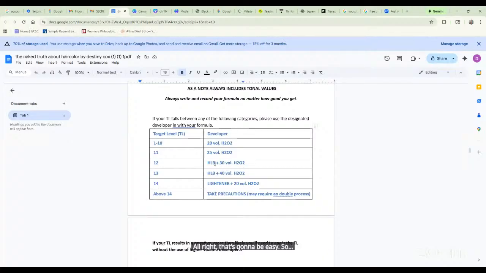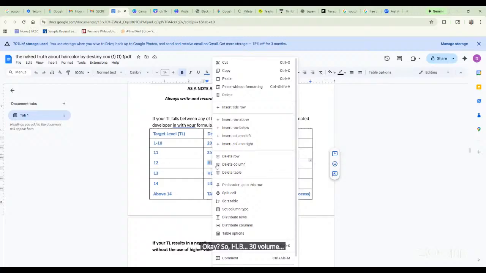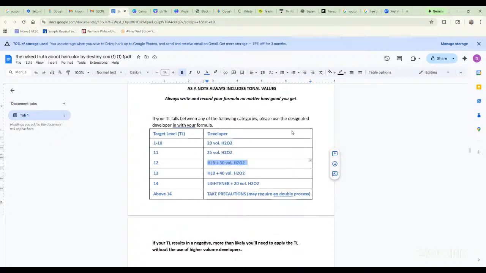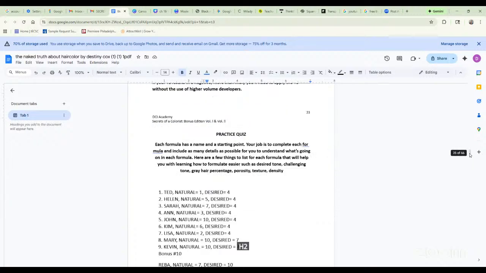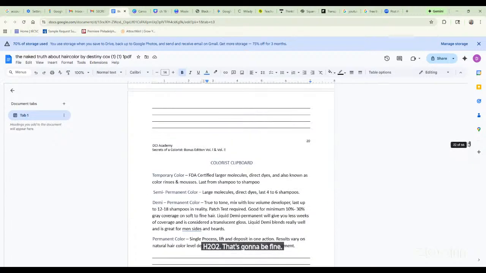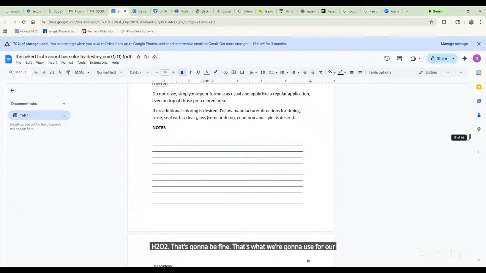So HLBs are blue, violet, or gold. Okay. So HLB, 30 volume H2O2. That's going to be fine. That's what we're going to use for our formula, but we're going back up here.